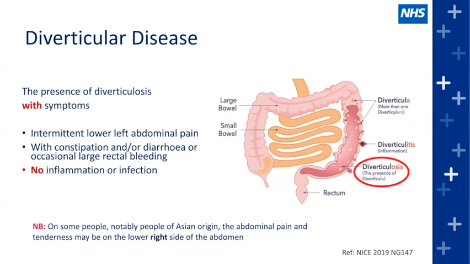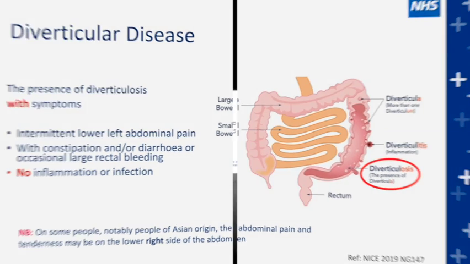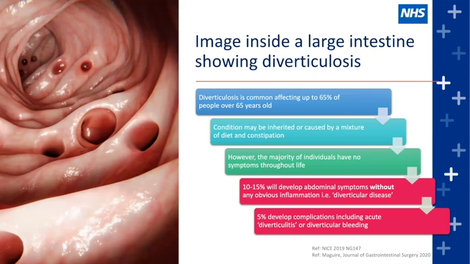People may experience constipation or diarrhea, or perhaps alternating between the two, and perhaps wind and bloating. But no inflammation or infection for straightforward diverticular disease, is that right? No, as soon as there becomes infection or inflammation, it becomes diverticulitis. So I think we've got a nice picture here, haven't we, of diverticular.